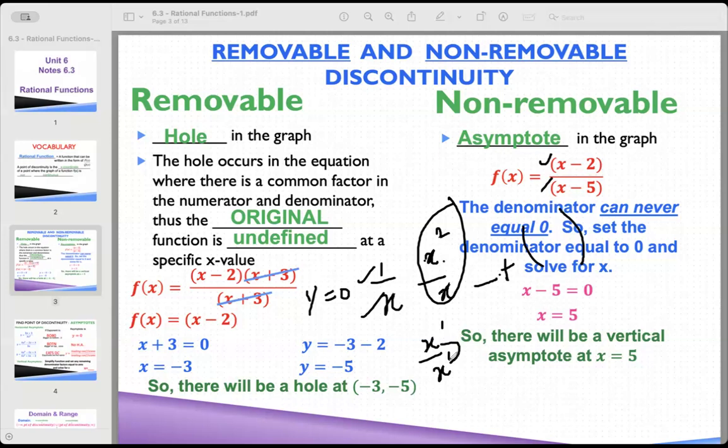Here, the degree of the numerator is the same as the degree of the denominator, so you will take the coefficient of that, divide by the coefficient of that. Y equal to 1 by 1, or let's say 2 by 3, then y equal to 2 by 3 will be your asymptote. Do you get what I mean?